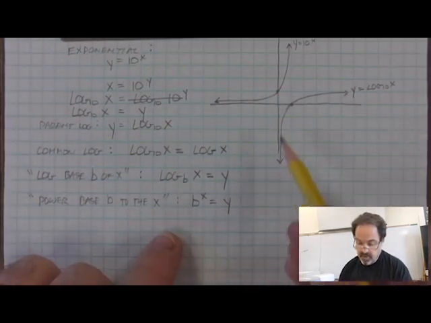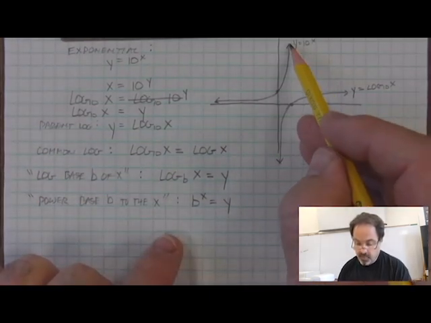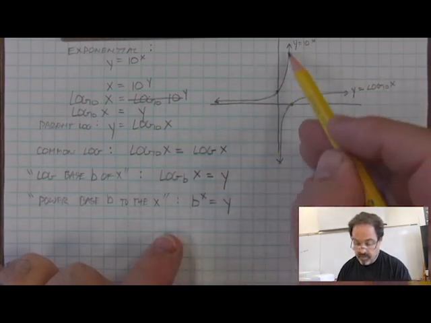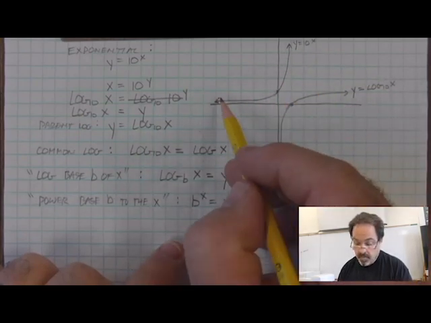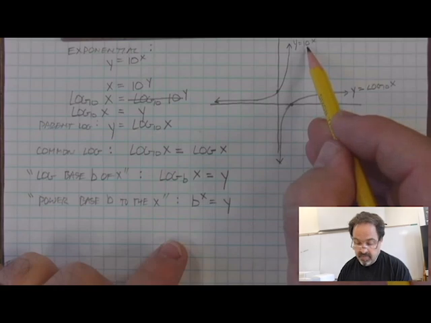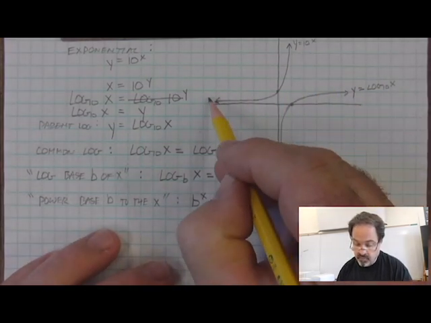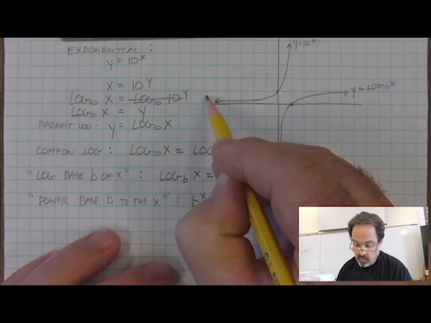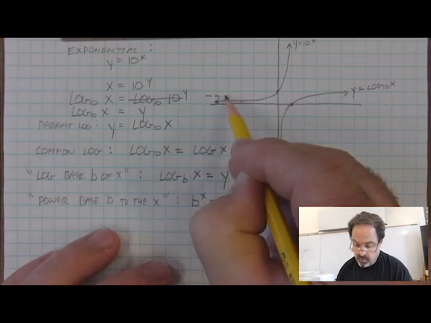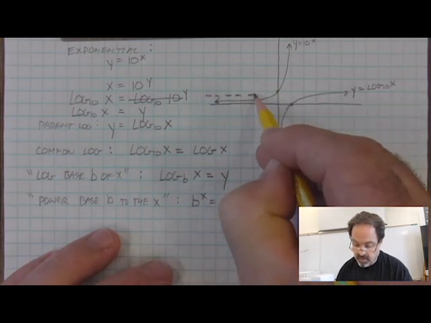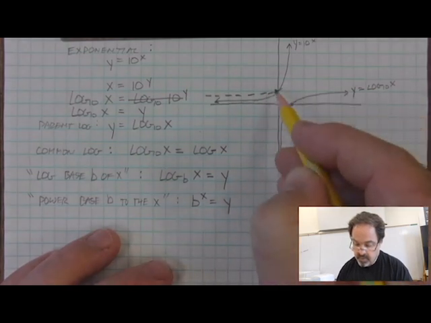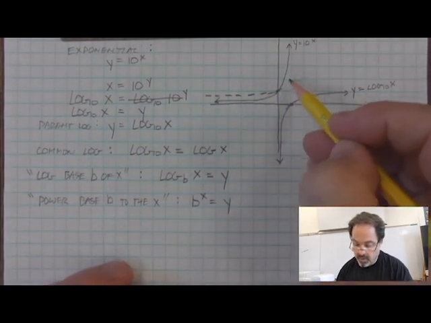If I change the base, then the curve will be similar. But if we have a lower base than 10, like 2, then the curve is going to be more gradual. I can roughly sketch the curve of 2 to the x by showing that the curve is wider.